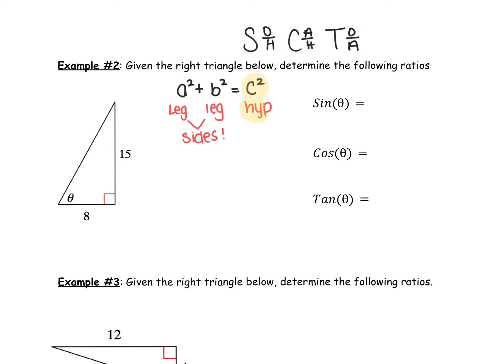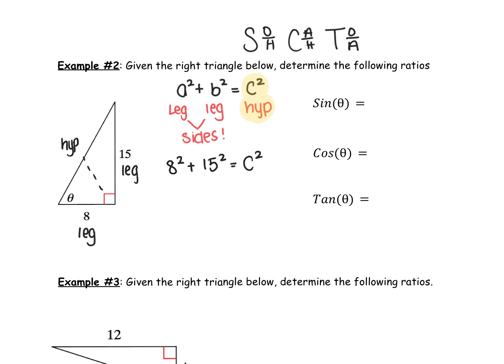So c squared is always my hypotenuse. If my hypotenuse is directly across from the right angle, that's the thing we need to solve for. That's the unknown. So 8 is going to be a leg, and 15 is going to be a leg. So 8 squared plus 15 squared equals c squared.